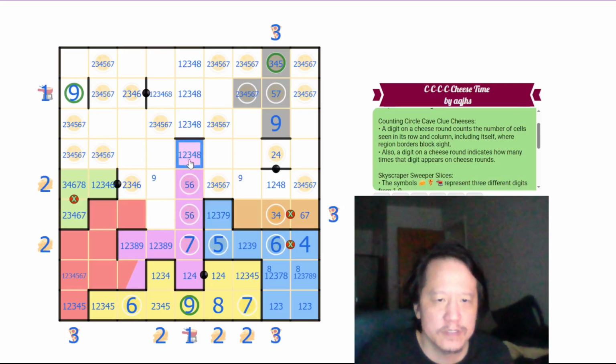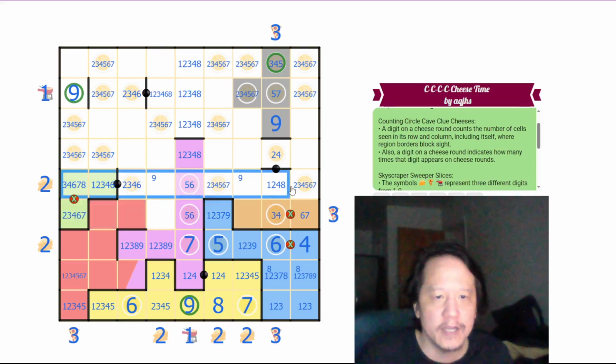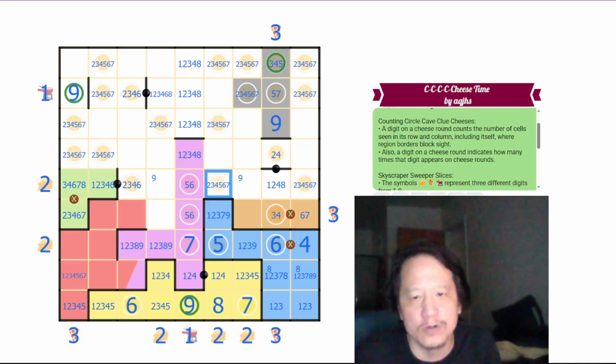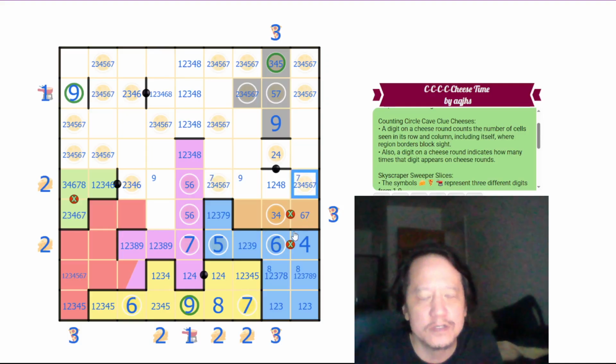5 or 6, 5 or 6. We have 6 here, 7, 7. We already have in row 6 and row 8, no 7 in a cheese circle. So we need a 7 in every other row to have a cheese circle.